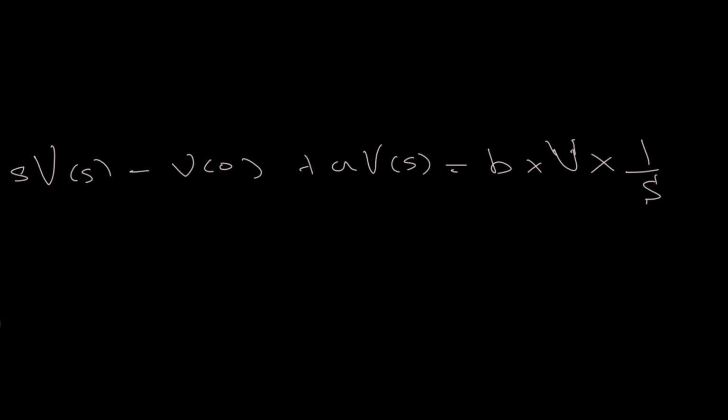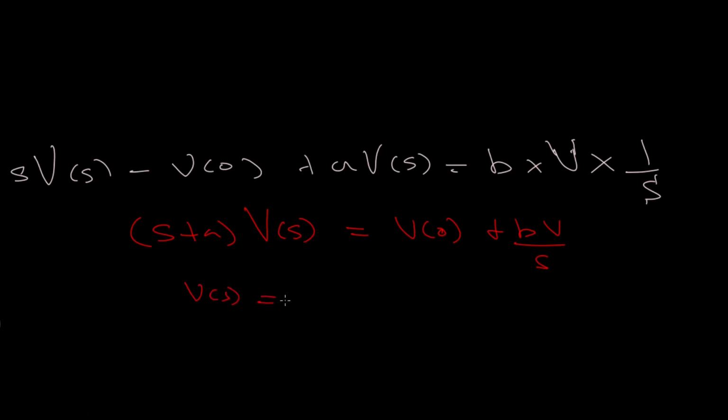So let us now tag these two, s plus a, V s equals, let's take the initial condition to the other side, plus b V over s. Now let's make V s, which is what we need to find, the subject: 1 over s plus a, v0 plus b V over s times s plus a.